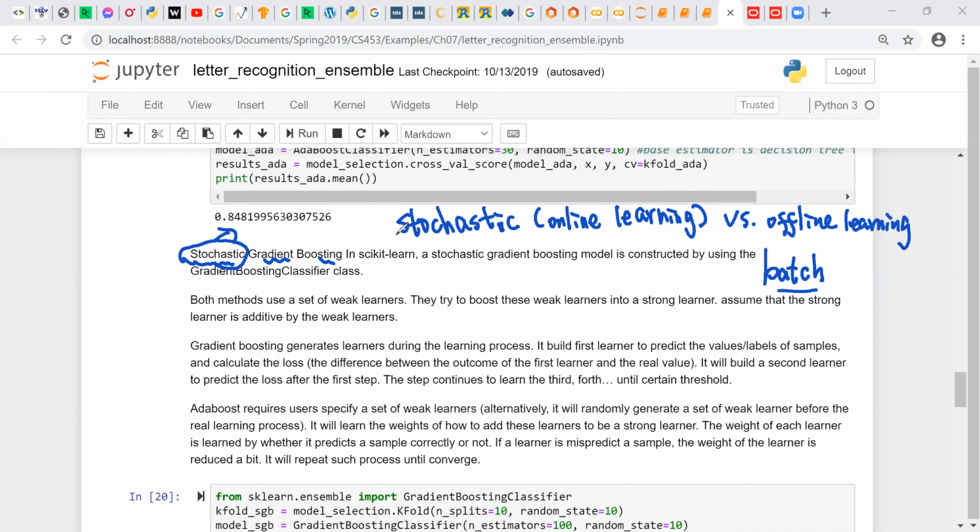Because you remember previously when we discussed the weight, we use the summation of all of the samples, regarding all samples, with gradient descent. A gradient is based on what? It's more focused on the loss function, the cost function.